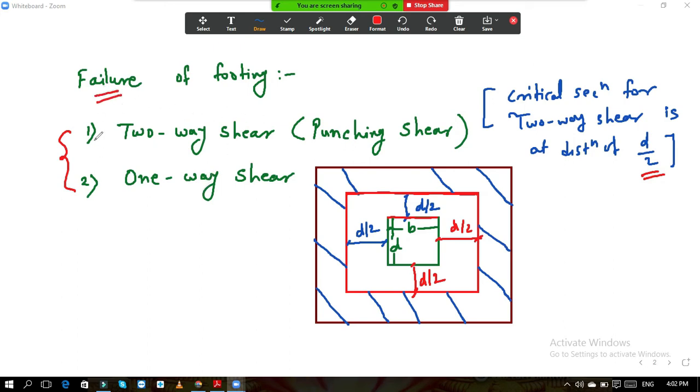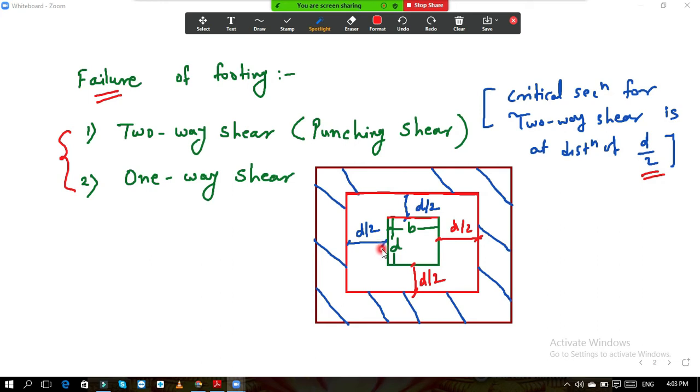So whatever footing we are going to design, we will design its depth from the two-way shear criteria and one-way shear criteria. If that depth satisfies the two-way shear and one-way shear criteria, then that depth we are going to provide for this footing. So this is the most important thing.